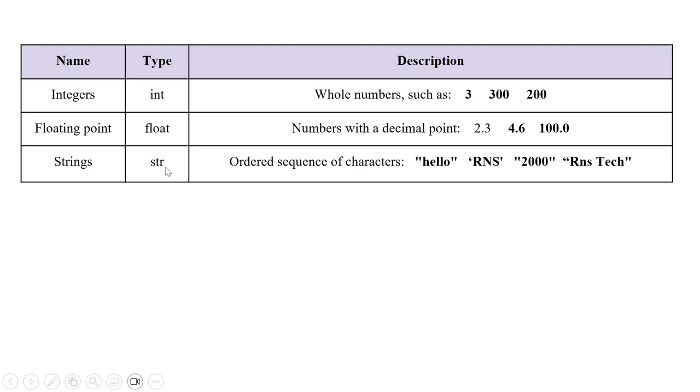But what is a string? It is an ordered sequence of characters. If I enclose it within single or double quotation marks, it is a sequence of characters, like H, E, L, L, O. Even a number enclosed within single or double quotation marks is a string data type.